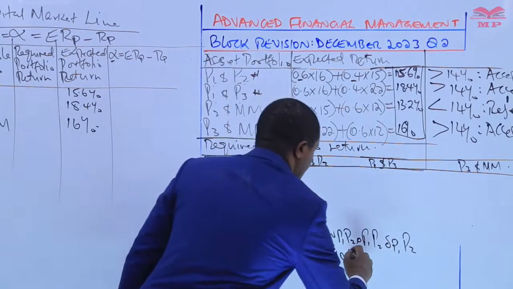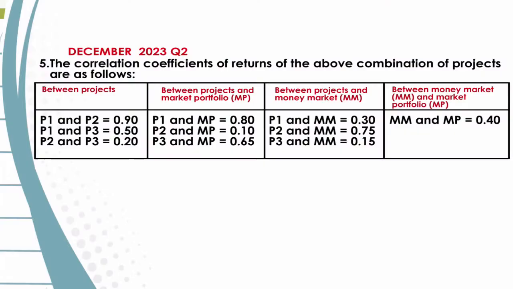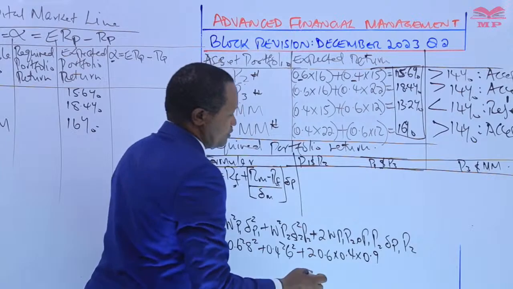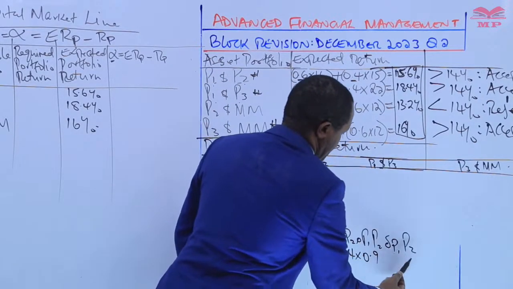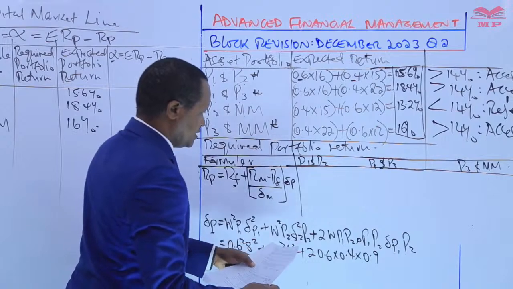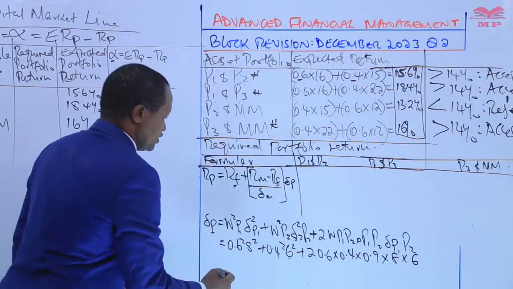Then you also multiply with the correlation coefficient of P1, P2 from note number 5, candidates. The correlation coefficient of P1, P2 is 0.9. Then we multiply the standard deviations of P1 and P2, which is 8 times 6.